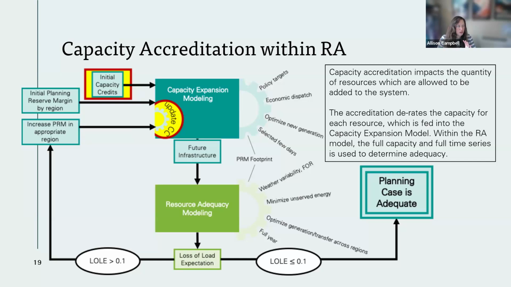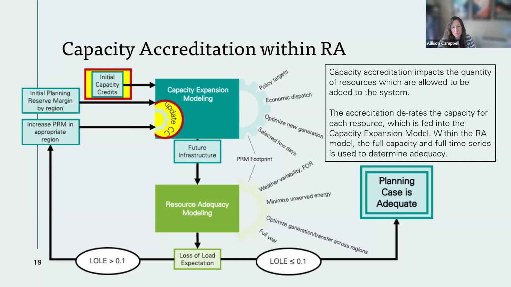So there are a lot of relationships between capacity expansion modeling and resource adequacy modeling. The color coding here is that everything in teal is capacity expansion based. Everything in green is a resource adequacy model.